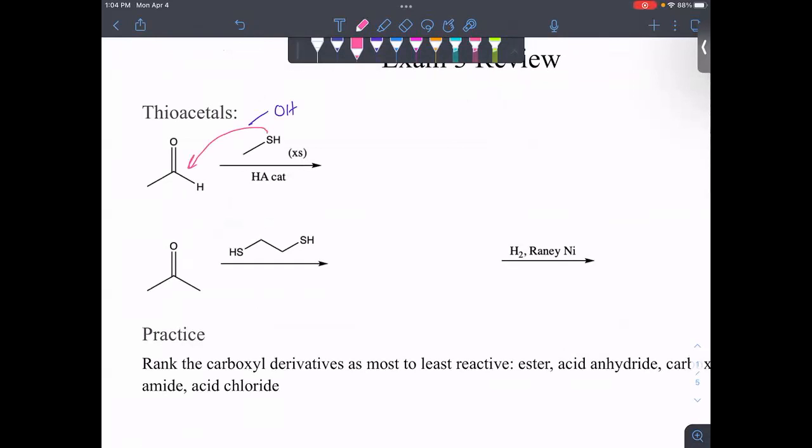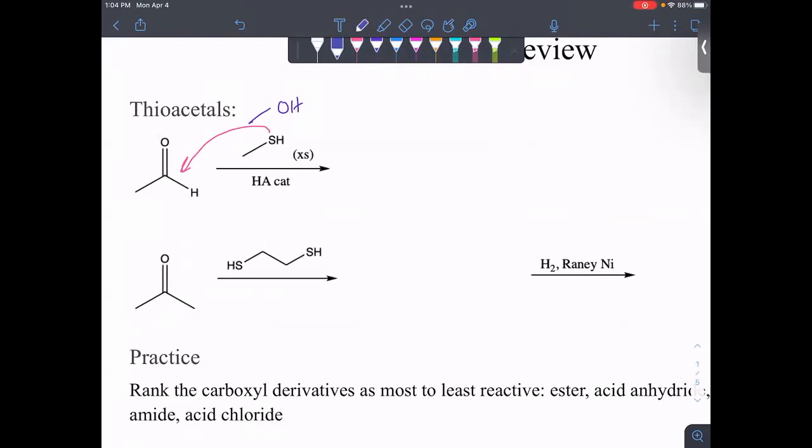So if we have an excess thiol with the carbonyl, then we just do the same thing as the acetal and add the thiol twice onto the carbonyl carbon.